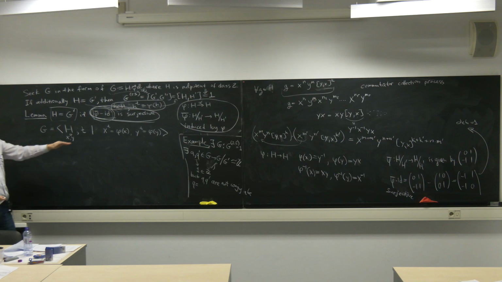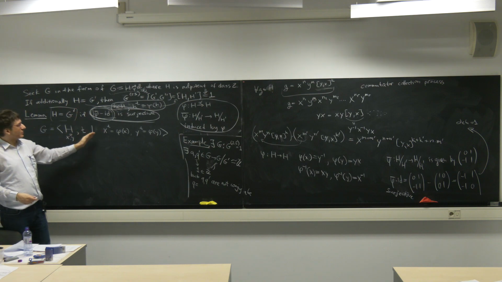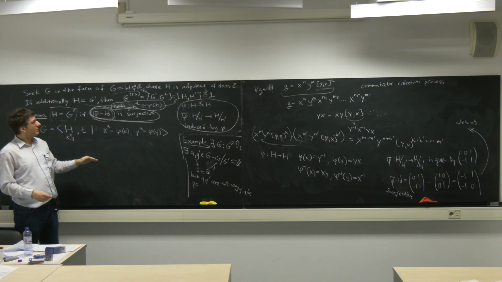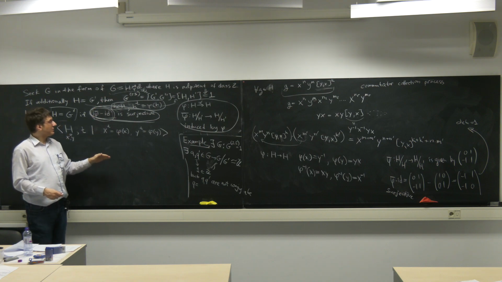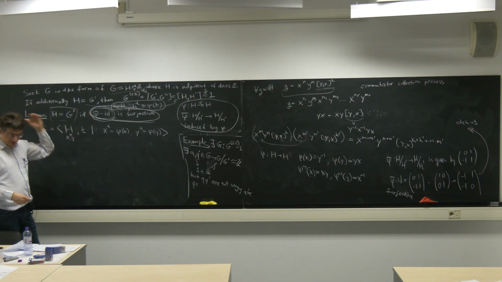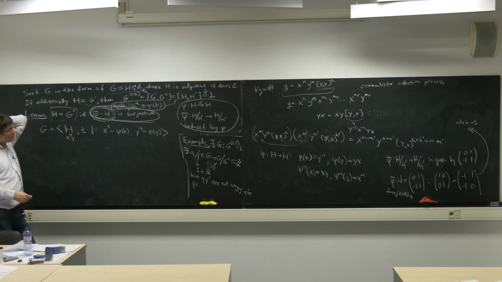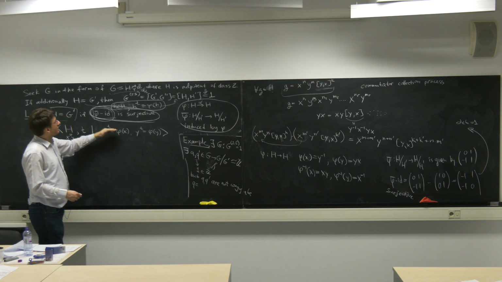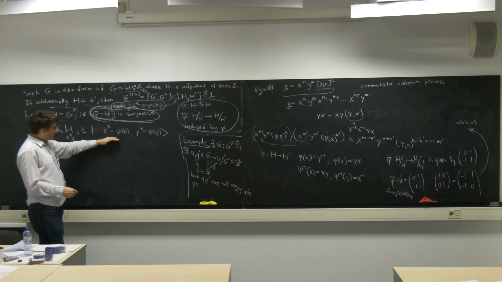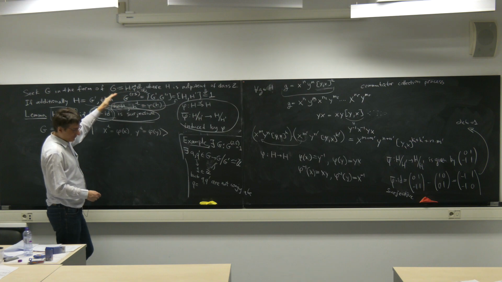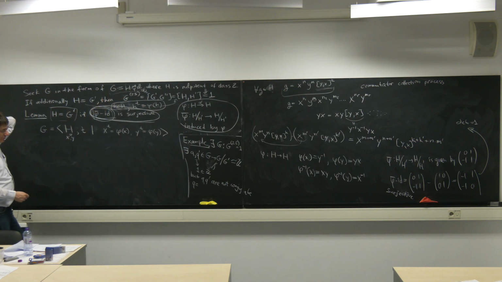And as you probably remember from some previous proof, these relations do hold in G. And the question why they are enough, why there are no other relations, well, we in some way already discussed this, because we considered some map from this semi-direct product to the fundamental group of the mapping torus.